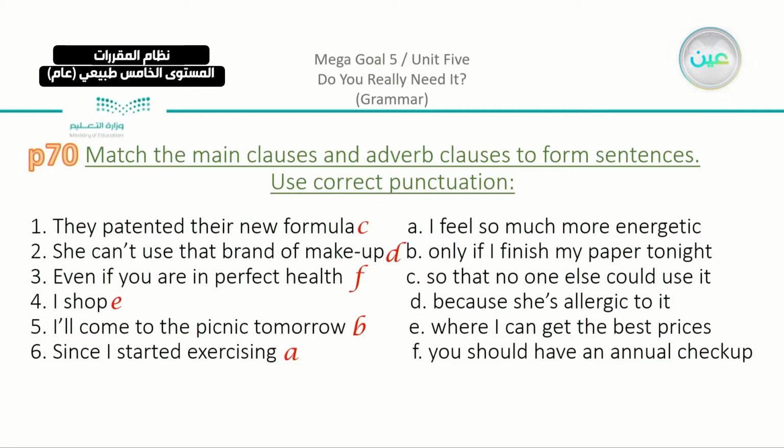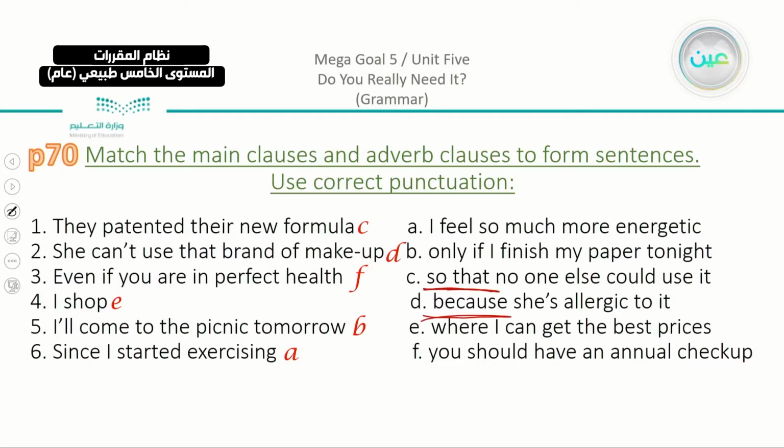Now we are done with this part. The other part here is to make sure of our punctuation. How am I going to do that? I'm first going to see where the conjunction is in each sentence. In C, so is the conjunction. Then in the second one, she can't, in D, because is also a conjunction.